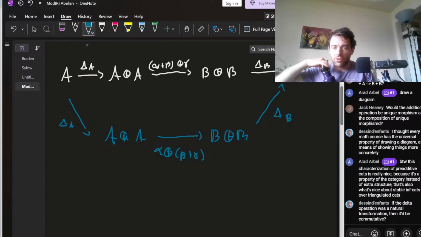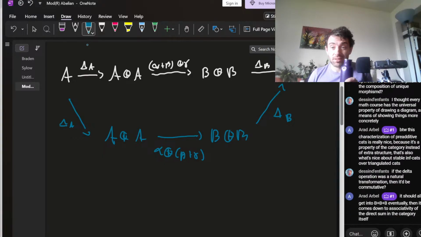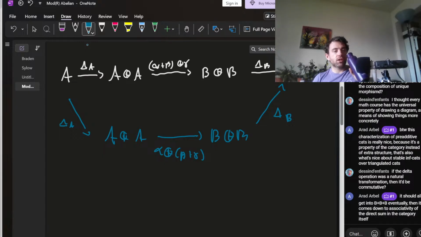If the delta operation, I think you mean del, was a natural transformation, I guess, is it a natural transformation of functors? I guess it is, right?